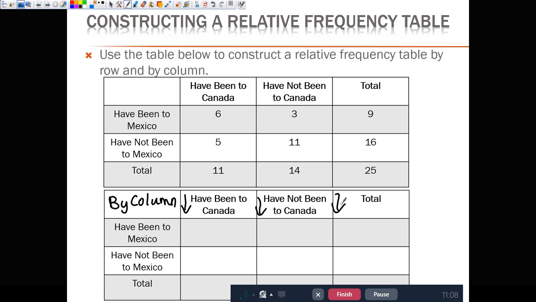Okay, so now I'm going to be comparing 6 over 11, which would be what as a decimal? Rounds up to 0.55. Okay, and 5 over 11 will be 0.45, and our last one will be 11 over 11, which is also 1.